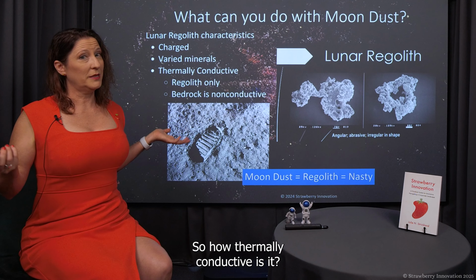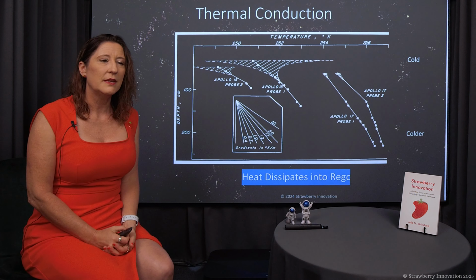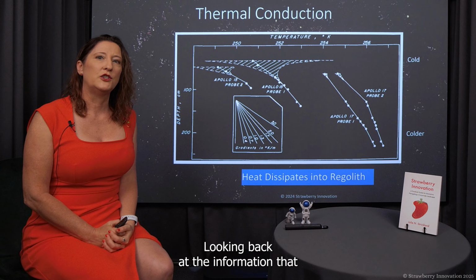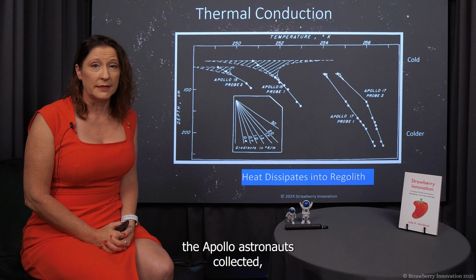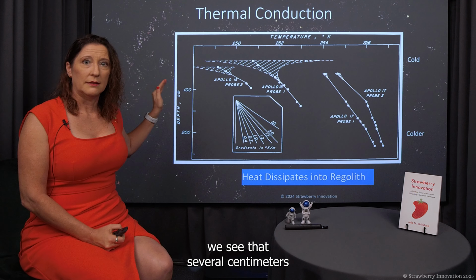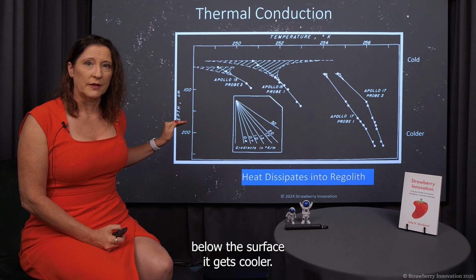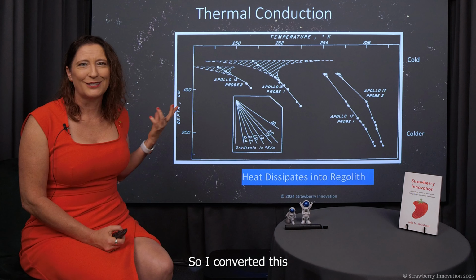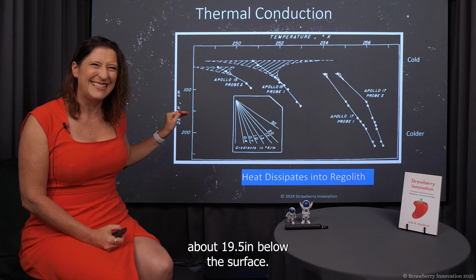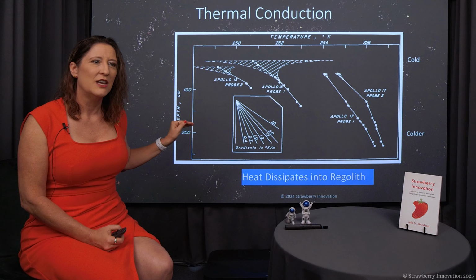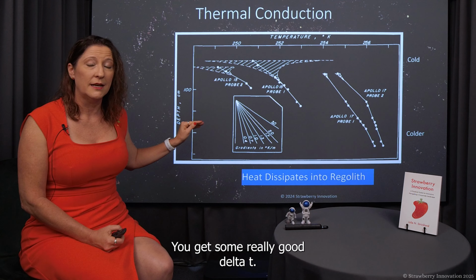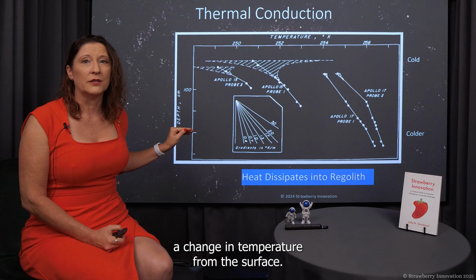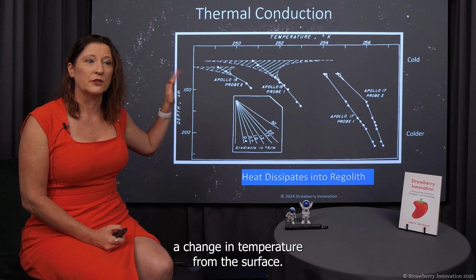So how thermally conductive is it? Looking back at the information that the Apollo astronauts collected, we see that several centimeters below the surface, it gets cooler. I think in inches, so I converted this. About 19.5 inches below the surface, you get some really good delta T. And delta T meaning there's a change in temperature from the surface.